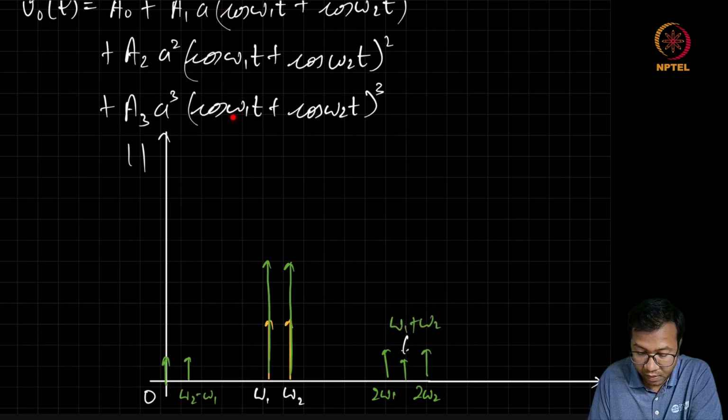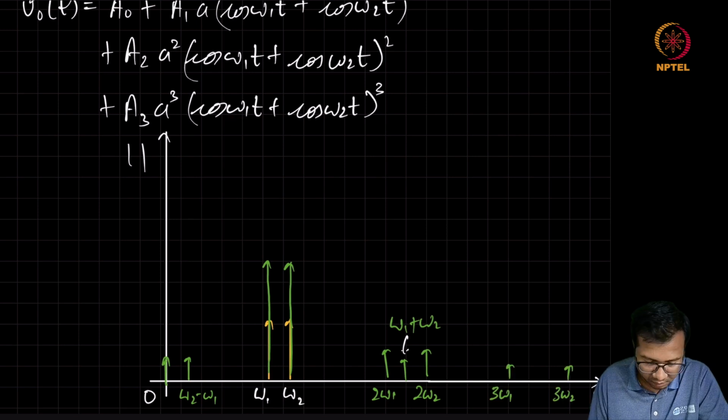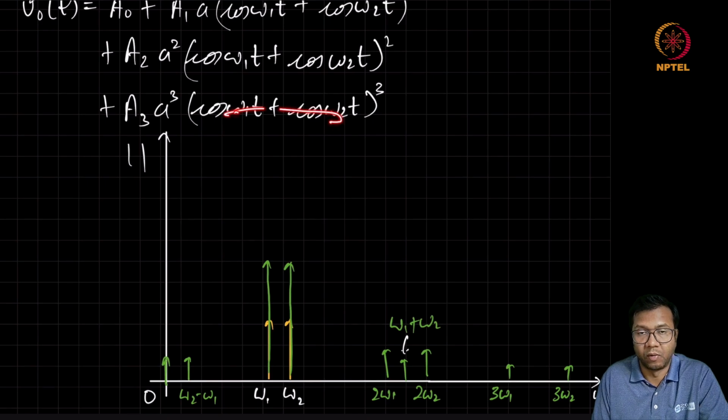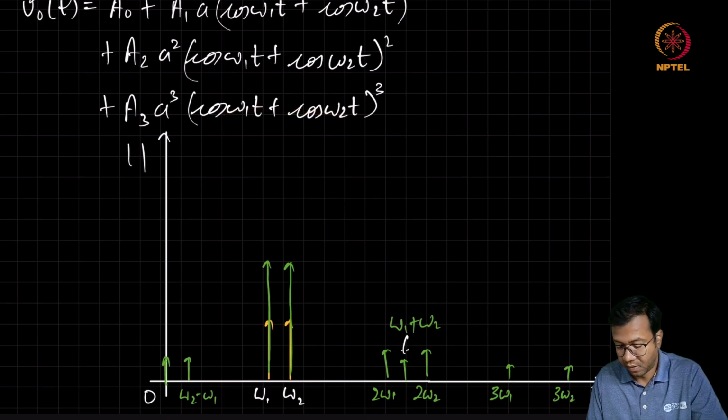So here we are going to get the third harmonics of omega 1 and omega 2, in addition to some effect on the fundamental. In addition to that, as we have seen earlier, there are going to be 2 omega 1 plus minus omega 2 and 2 omega 2 plus minus omega 1 kind of terms also.